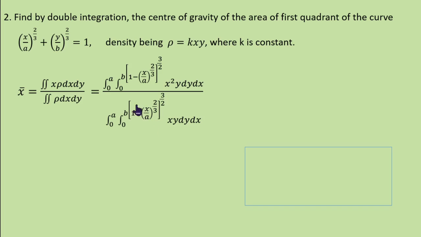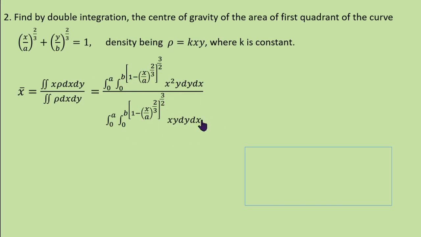Here also the same limit, because you are integrating over the area of the given curve in the first quadrant. So, limits are same, but the function in the numerator is x into xy into k, that is x square y into k, take k outside, denominator xy into k, take k outside, cancel k. So, this is your required integration.